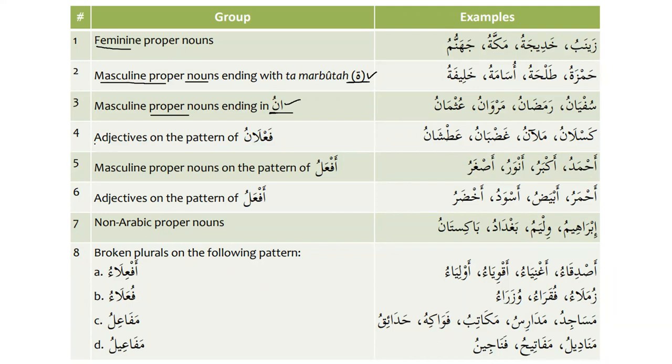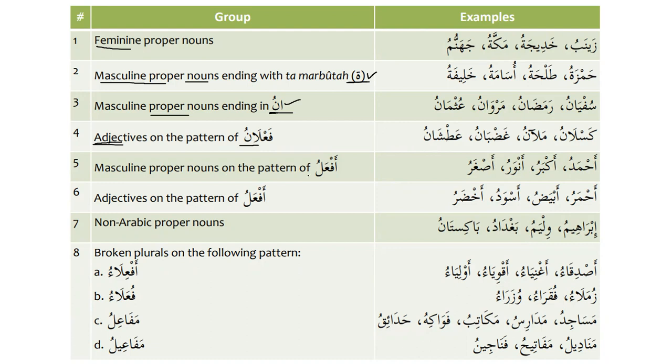Then we have adjectives that end with alif and noon. For example, we have fa'lanu, and they come on the pattern of fa'lanu. Kaslanu, lazy, mal'anu, full, ghadbanu, angry, and atashanu, that is thirsty. So the adjectives that end with alif noon, they are also diptote or they are mamnu min as-sarf.